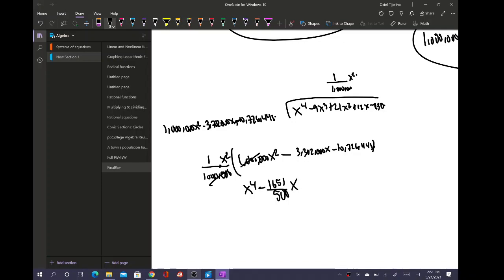And then you would do 10,726,443 divided by a million, so that would just stay the way it is, minus 10,726,443 over a million x.